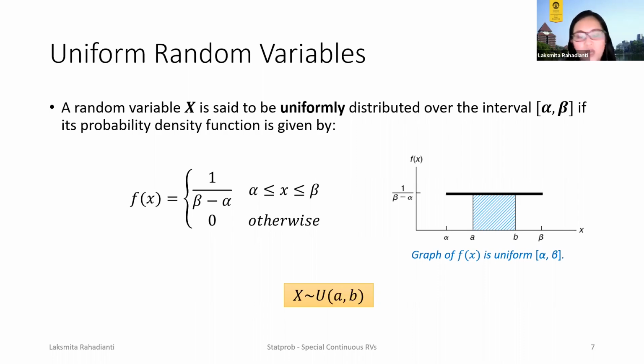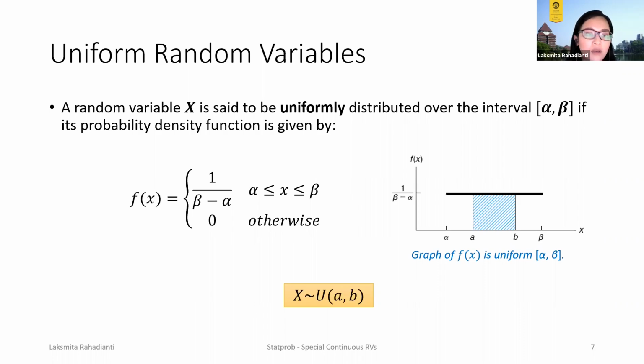In this case, we can also write it as X follows the uniform distribution between the limits of A and B. And thus, this is the PDF, the probability density function of this random variable.